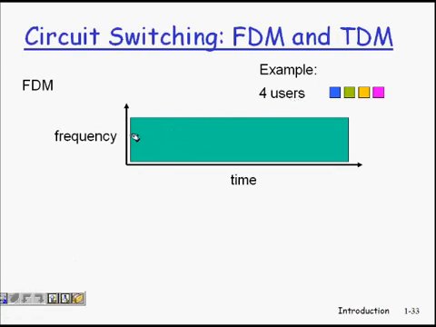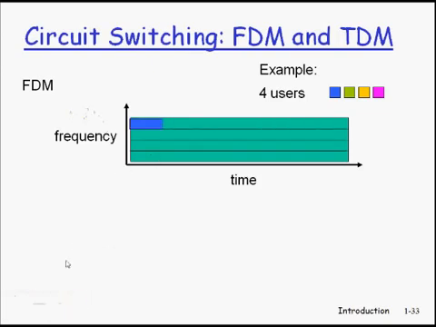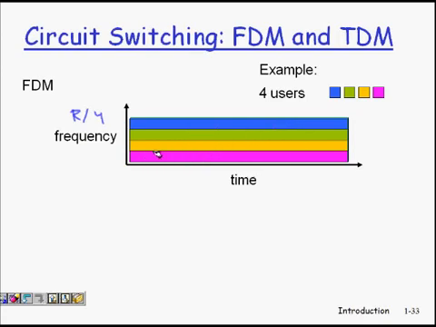I divide this whole frequency among the 4 users so that each has a dedicated portion. If the frequency size is R, each one gets R by 4. It is very fair also.